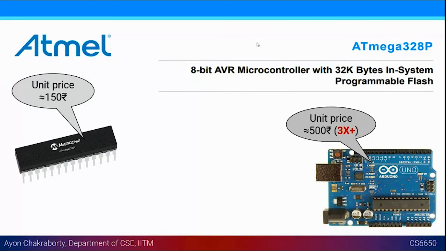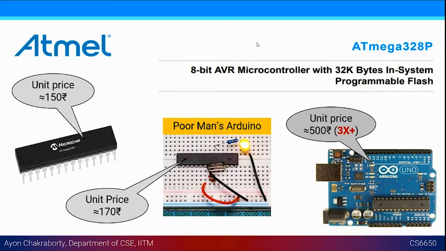I also tried something in between, and you will find a lot of DIY videos on YouTube. All you need is a very simple interfacing circuit and an oscillator. What I have here is a crystal oscillator for producing a 16 megahertz clock pulse. Even if you don't have it, there is an internal 8 megahertz clock inside the microcontroller. If you don't want any more speed, that would be good enough.